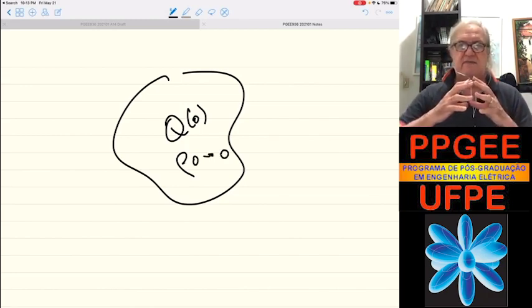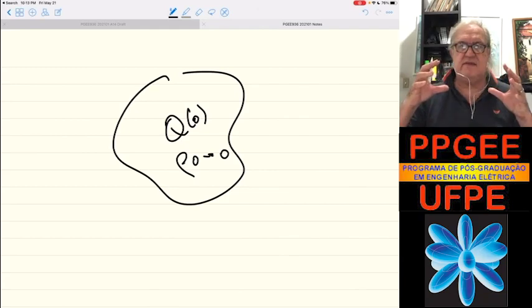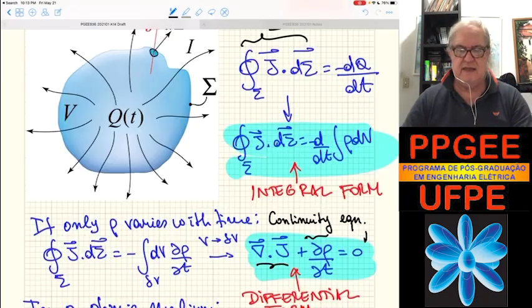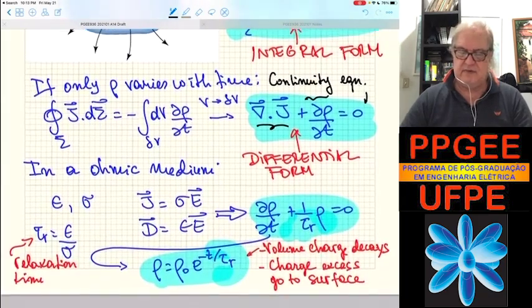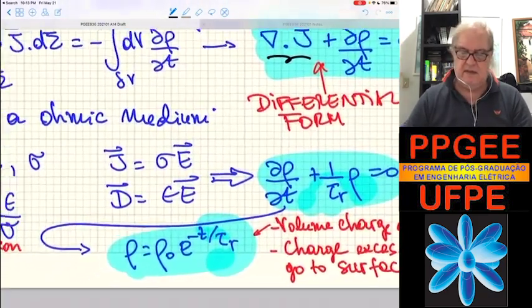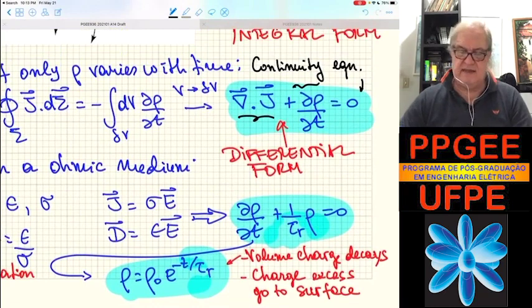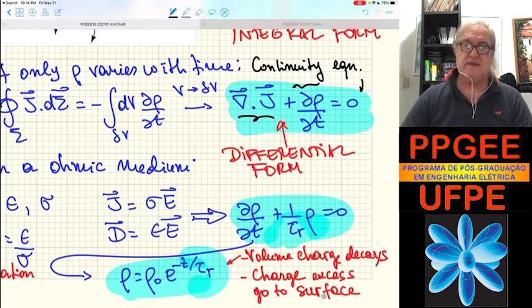All the charge leaves the volume and migrates to the surface. So that's what a conductive medium gives, right? That's the solution for the continuity equation. So the volume charge decays, and the charge excess migrates to the surface.